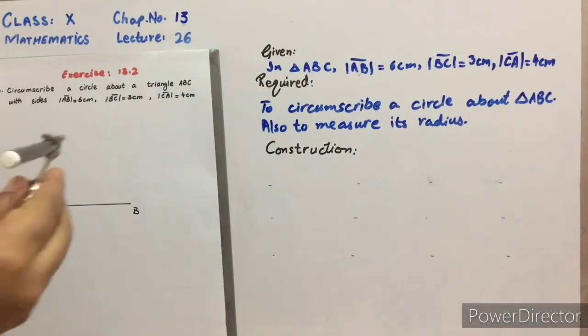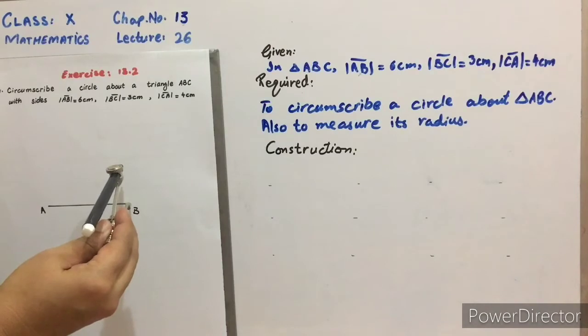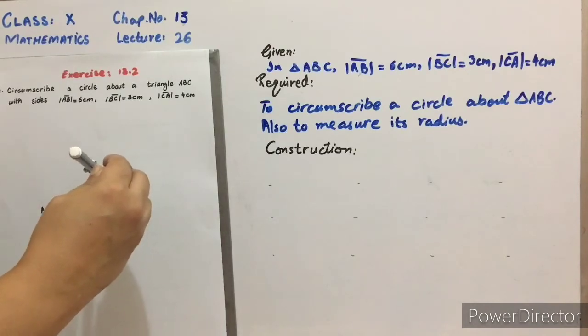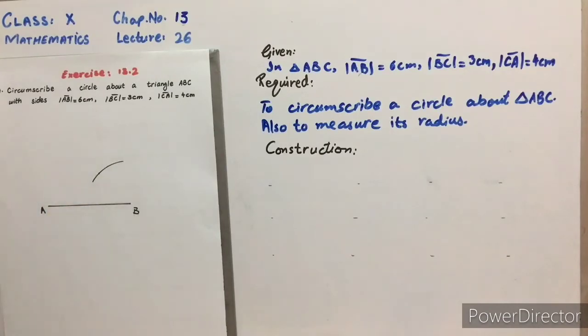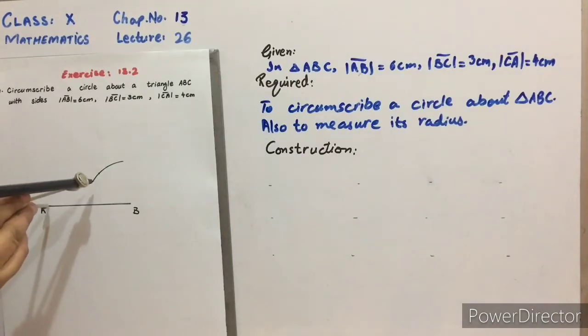Now with center B and radius 3 centimeters, mark an arc. Again with center C and radius 4 centimeters, mark another arc which cuts the previous one at point C.